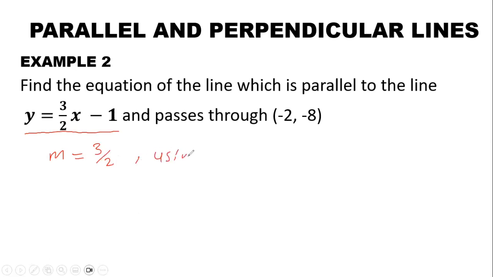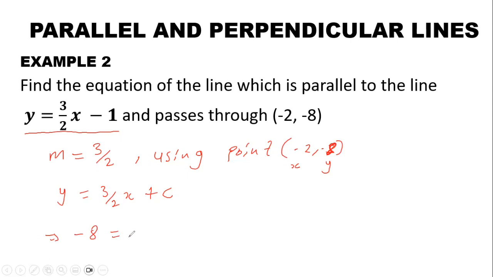Using the point -2, -8 means that y is equal to 3/2x plus c. So here our x is -2 and our y is -8. This implies that -8 is equal to 3/2 times -2 plus c.